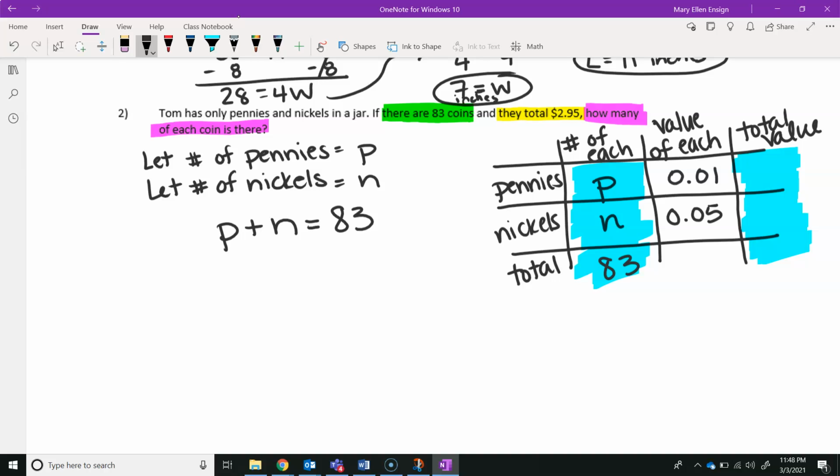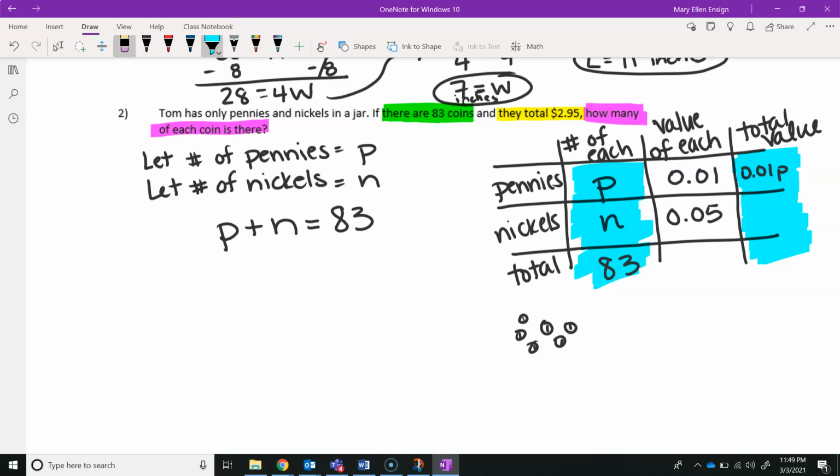So I'm not writing it just as the number 5 because it has to match up with the format of the total. So the total value, again, for every penny I have, it's going to be 1 cent, right? So if I had 3 pennies, it would be 3 cents, 3 times 1 cent. If I had 6 pennies, it's 6 times 1 cent. Well, I don't know how many pennies I have, but I know that no matter how many I have, it's 1 cent times P that will give me my total value for that pile of pennies.